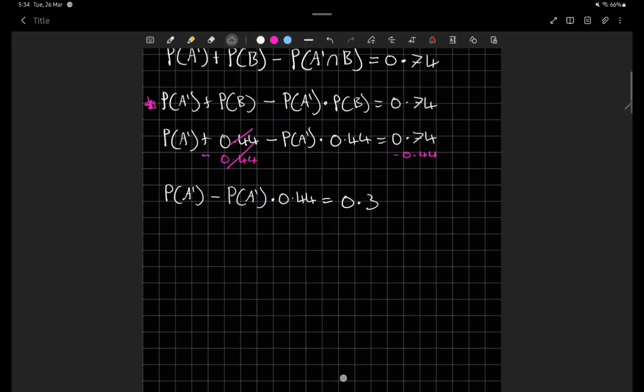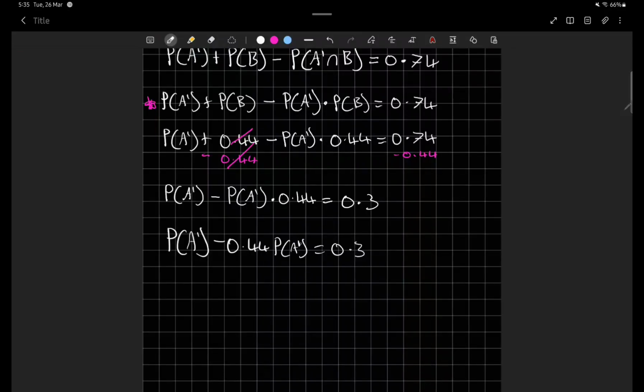And in this last step, I'm just going to multiply 0.44 into the complement of A. Complement A, sorry, it is the complement.